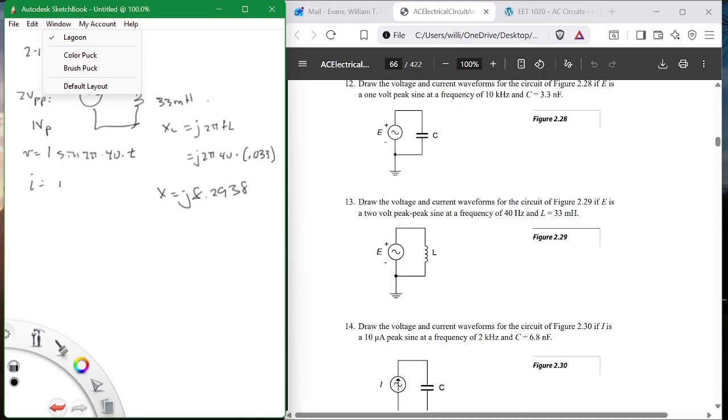It's 1 divided by j8.2938. So what is that? Minus j in the numerator, over 8.2938, which is equal to 1 divided by 8.2938, or you can say minus j if you want to.